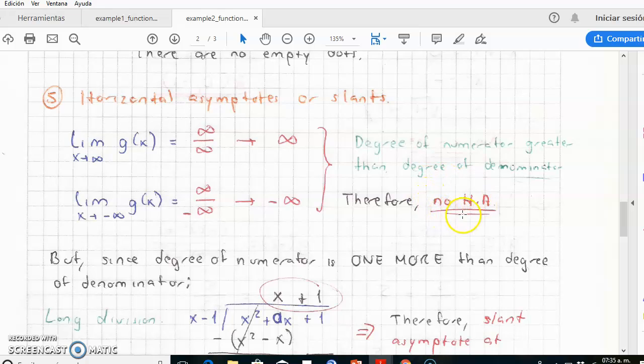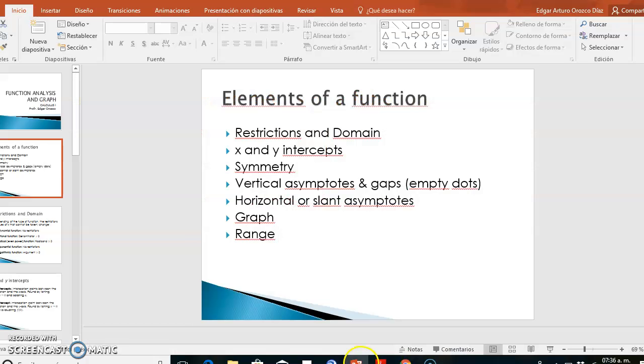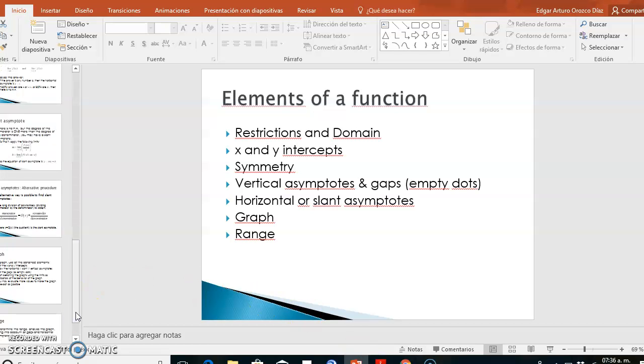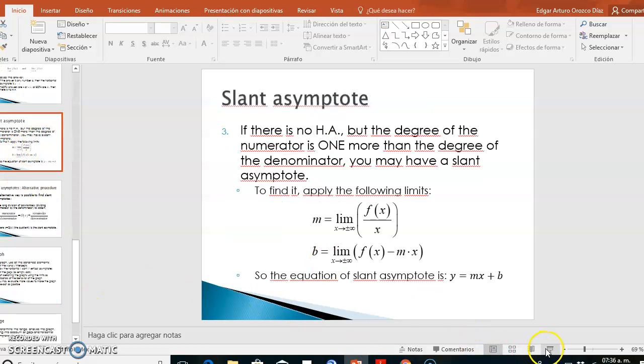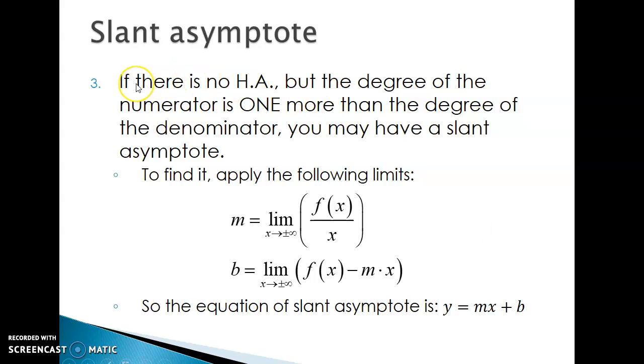After we don't have horizontal asymptotes, we need to check if we have a slant asymptote because that's the condition. For the slant asymptote to exist, if there is no horizontal asymptote, but the degree of the numerator is just one more than the degree of the denominator, like for example 2 and 1, or 3 and 2, then you may have a slant asymptote.